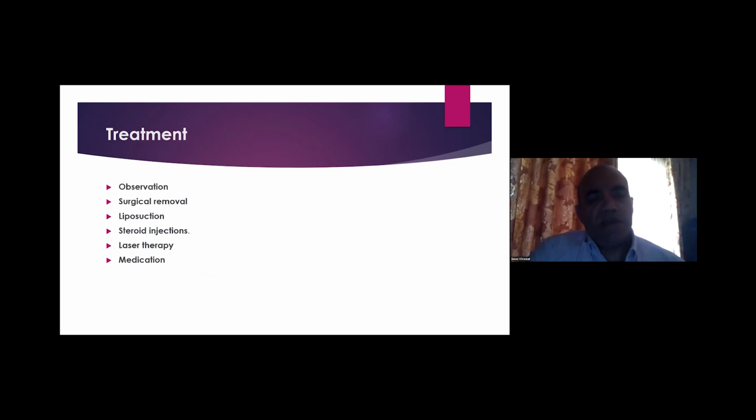The treatment ranges from leaving it for observation if it's small and not bothering the patient, to the ultimate surgical removal of the lump.